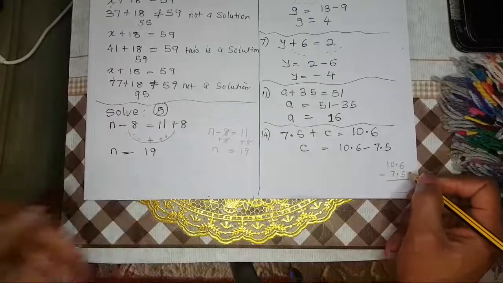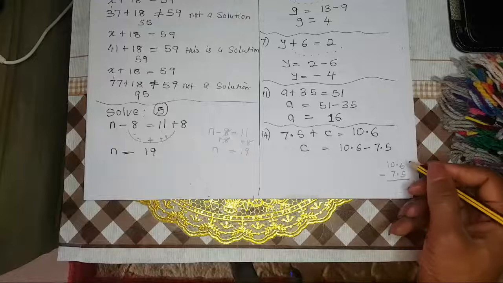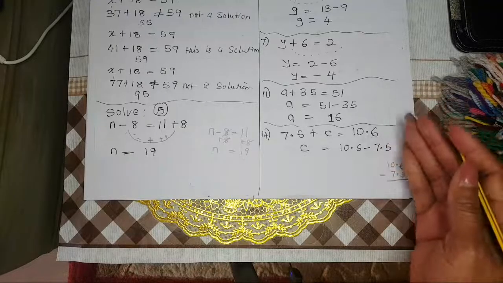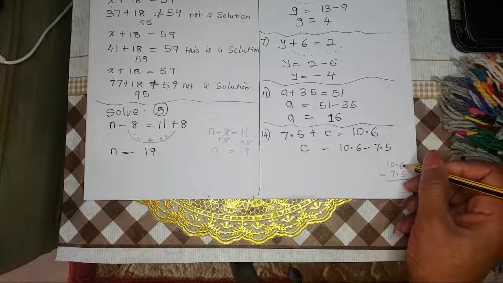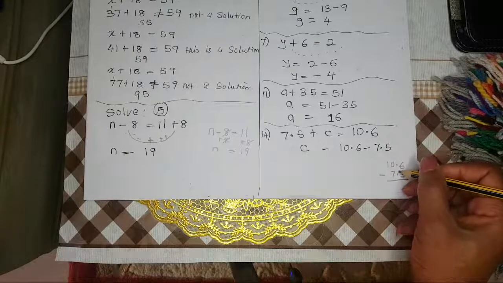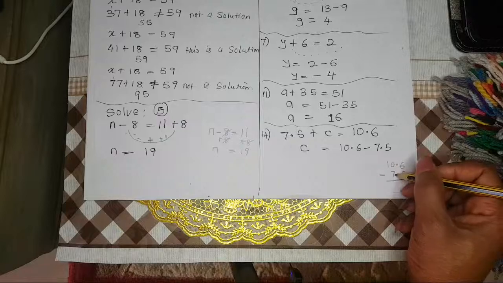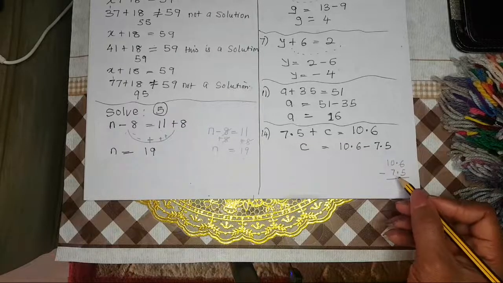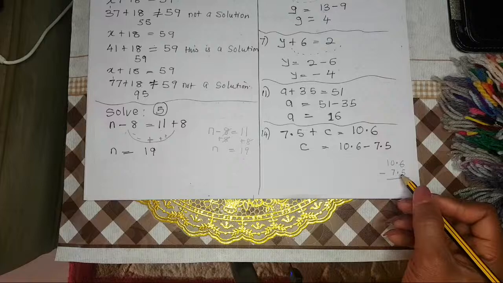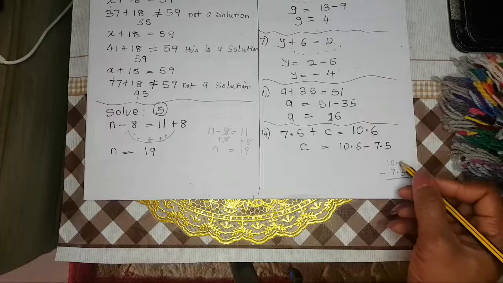Remember I told you the last time, when it's subtraction and addition, you make sure that the whole points are in the same line, aligned together. So we put 6 and 5, point 10. This is 0 and 7. We can't write 7 here because it's not 70, it is 7. So make sure that everything is in its own place. 7 is close to the decimal, 0 is close to the decimal.